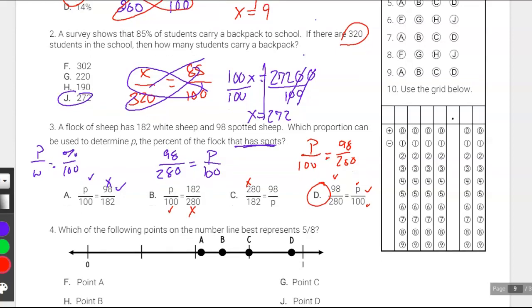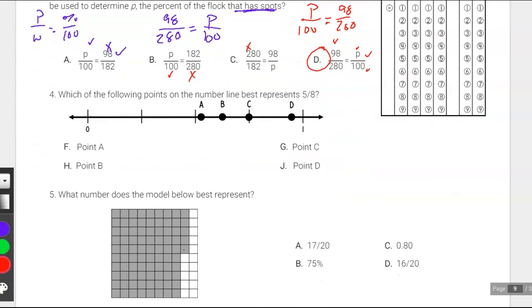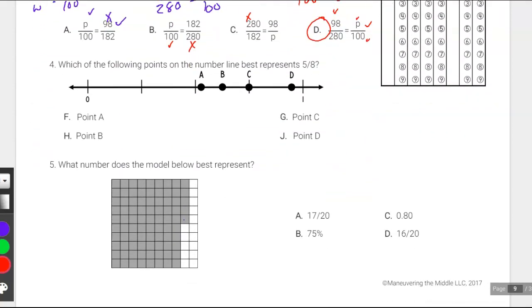Number 4. Which of the following points on the number line best represents 5/8? Well, I've got a number line with 0 to 1, and I need there to be 8 points between 0 and 1. I currently have 1, 2, 3, 4. Okay, so I need 8.